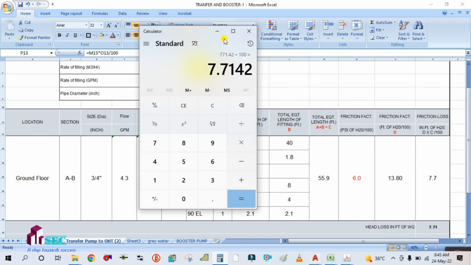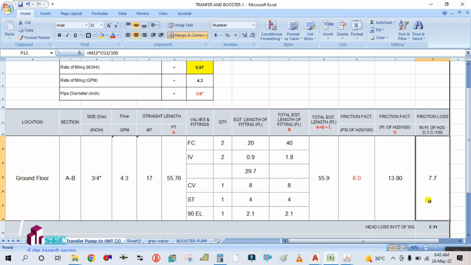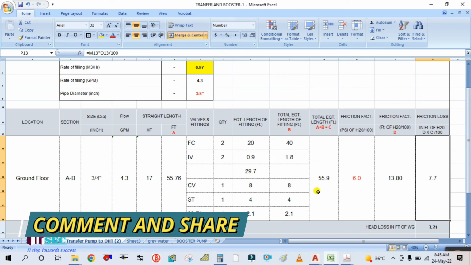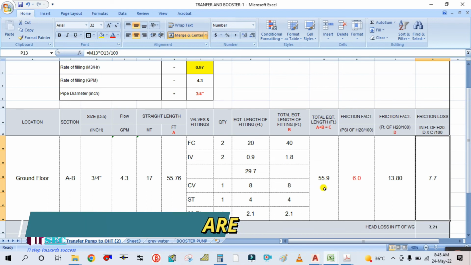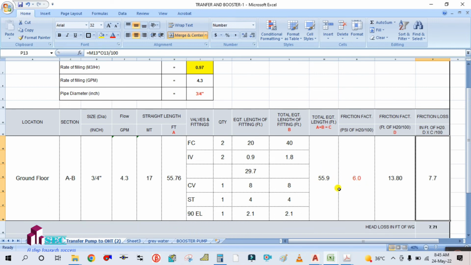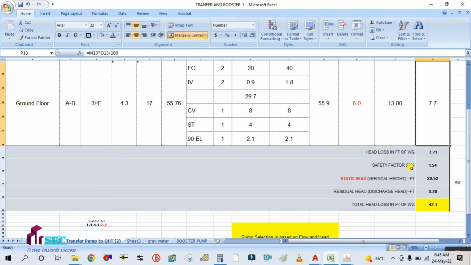So 7.7 feet of water gauge for 55.9 feet. So head loss in feet of water gauge is 7.7.